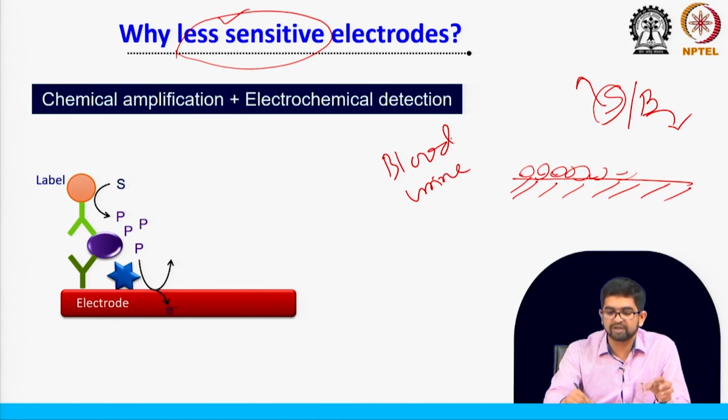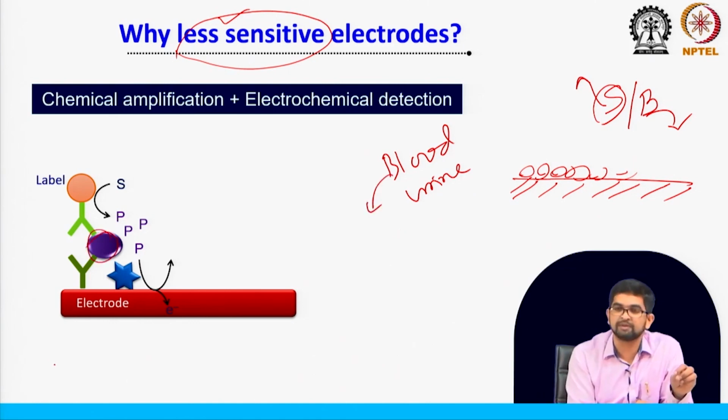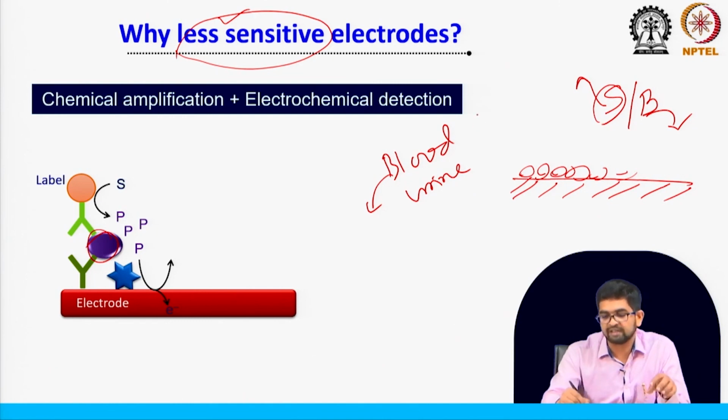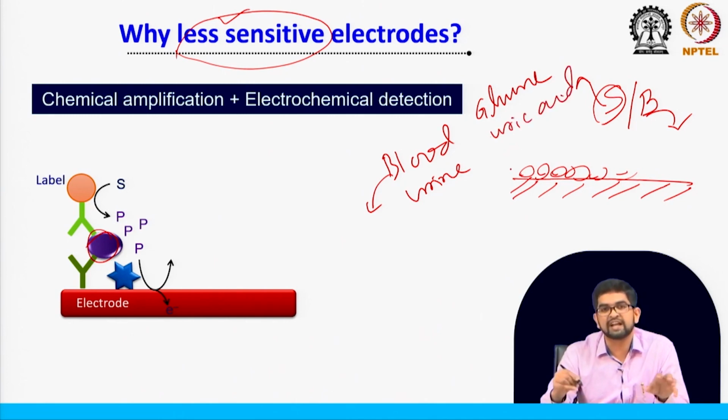Suppose you are going to detect a cancer marker from blood samples. This is your marker from blood, but blood also contains glucose, uric acid, fructose, galactose, so many things.